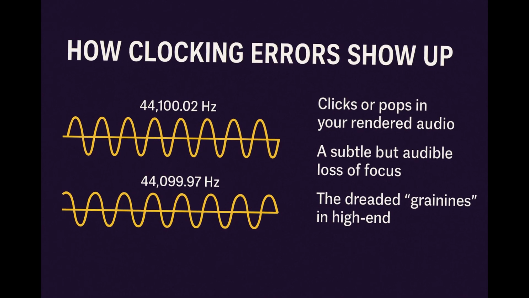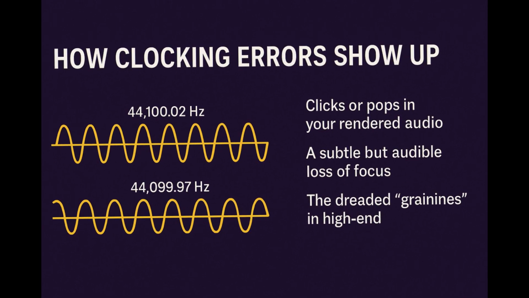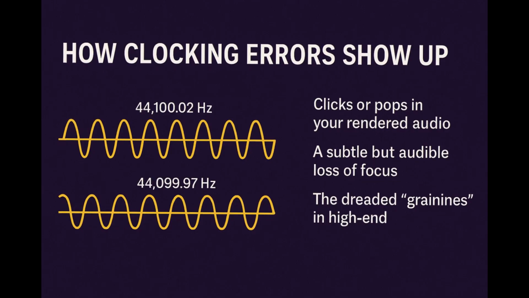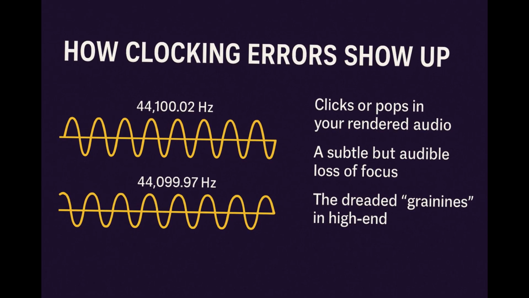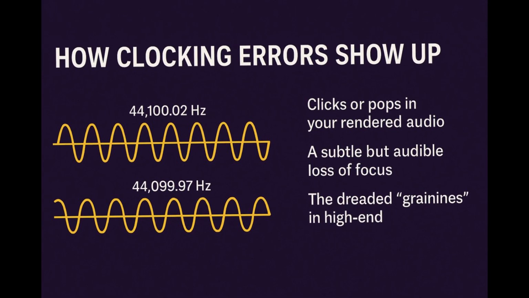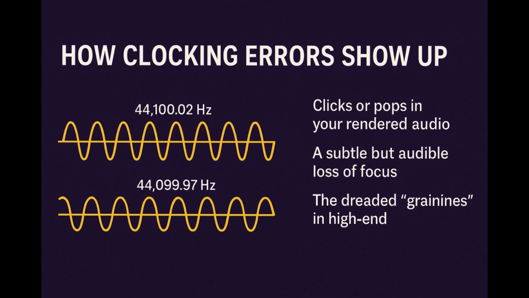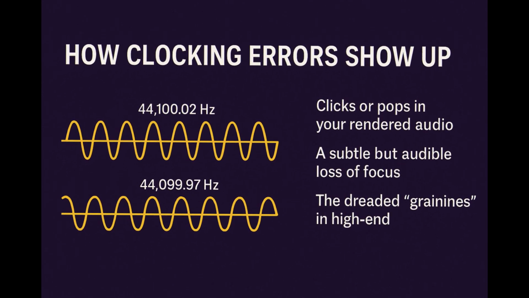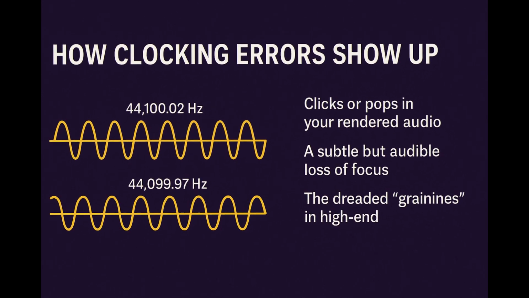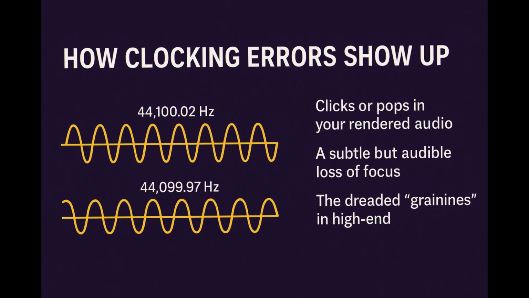How clocking errors show up? If two devices run at slightly different speeds, say one at 44,100.02 Hz and the other one at 44,099.97 Hz, over time they will drift apart.